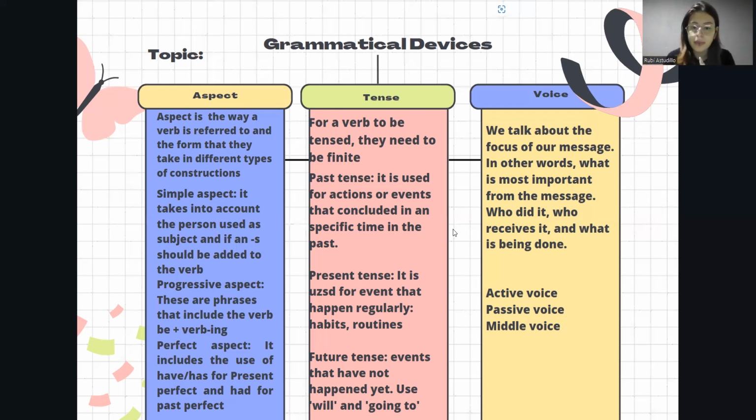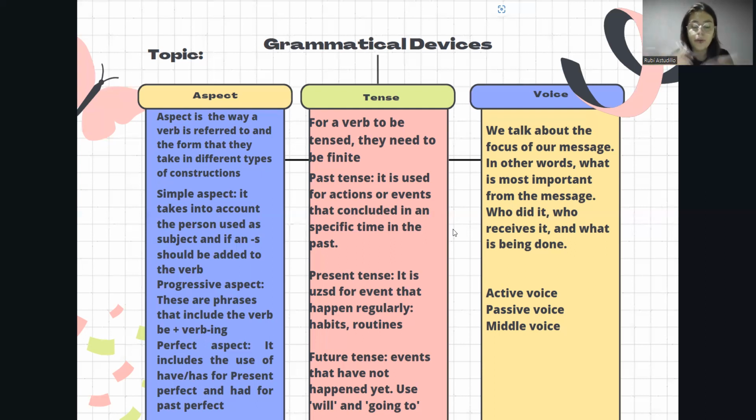Another example would be, I am going to a party. I, subject, am, verb to be, going, verb plus ing, to the party, complement. Another example: it is going to rain. It, subject, is, verb to be, going, go plus ing.